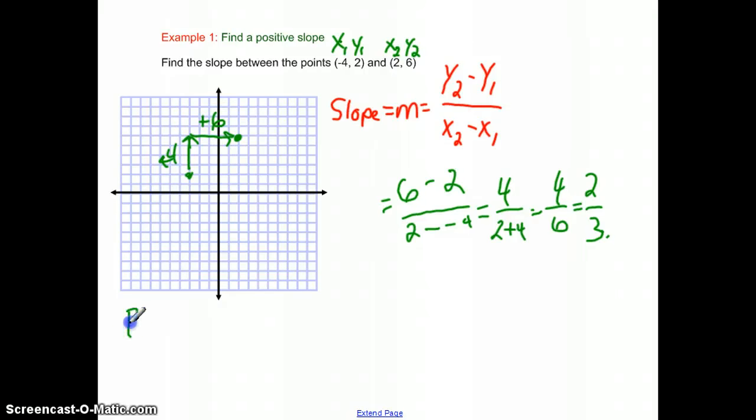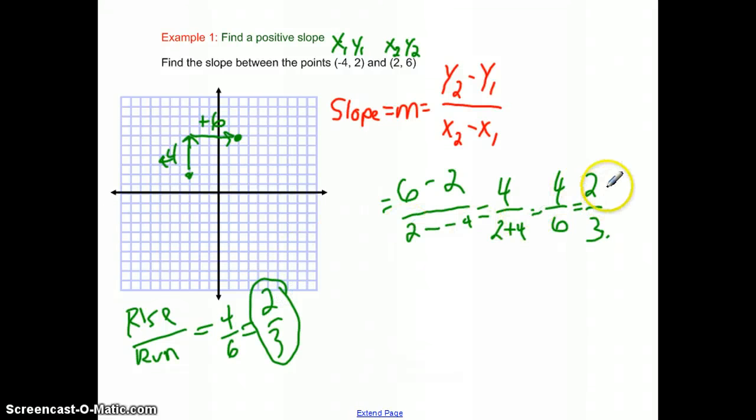So if we do rise over run, here we've got a rise of 4, a run of 6. We reduce that, we've got 2/3. So by graphing and doing rise over run, we got 2/3, and by using the slope formula, we also got 2/3. So that's two different ways you can find slope given the points.